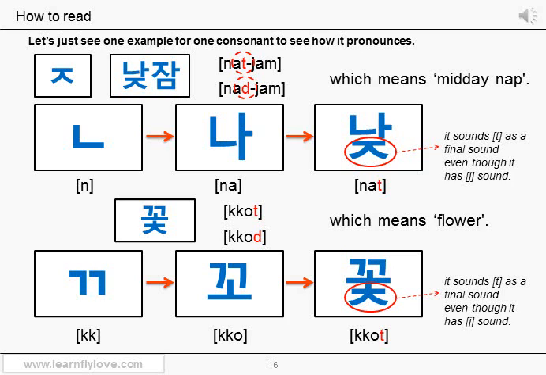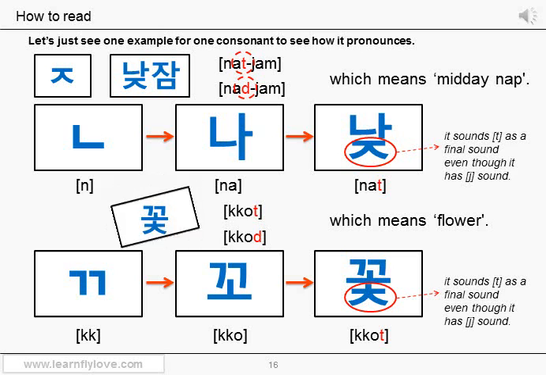Let's read the breakdown. 느, 아, 앗, like 느, 나, 낫. Okay? The second letter, 즈, 아, 즈, 자, 잠, 낮잠, which means midday nap.